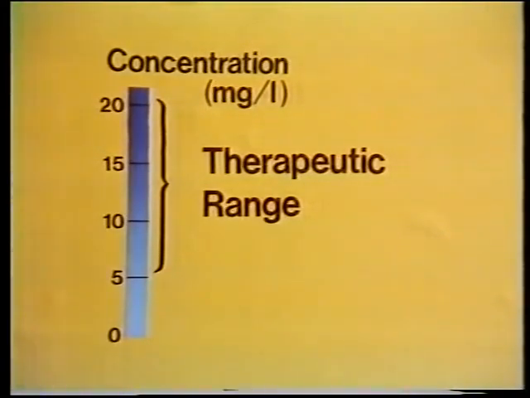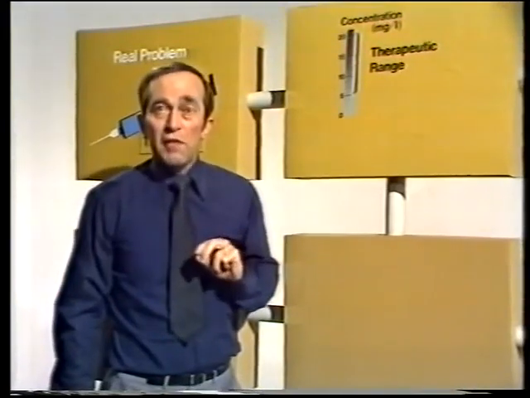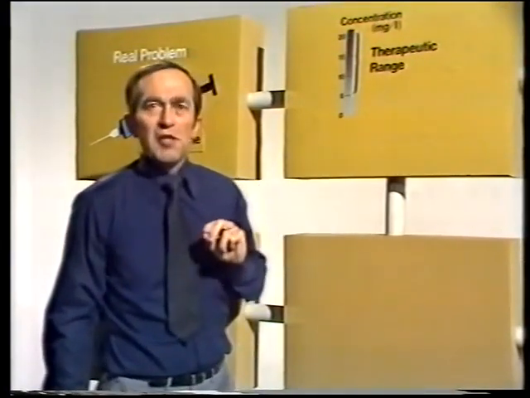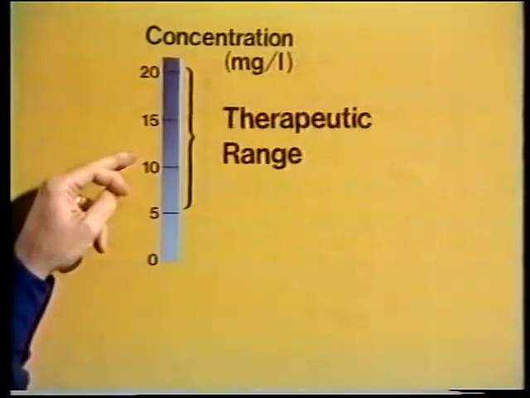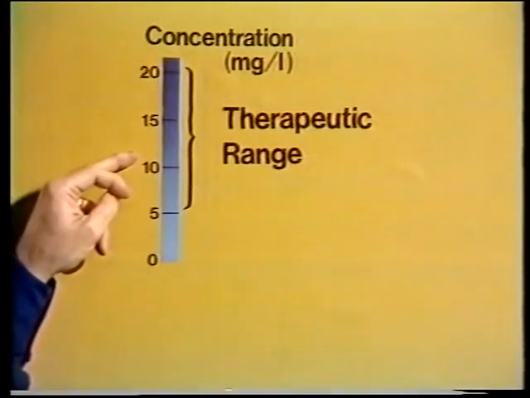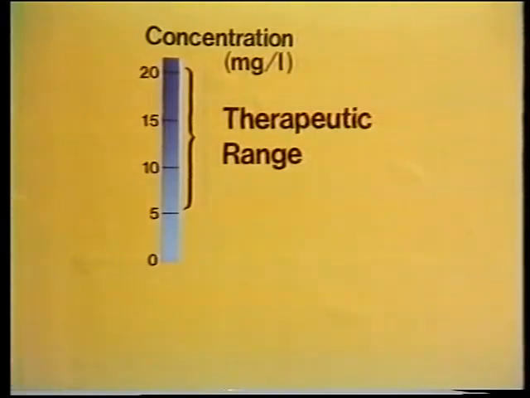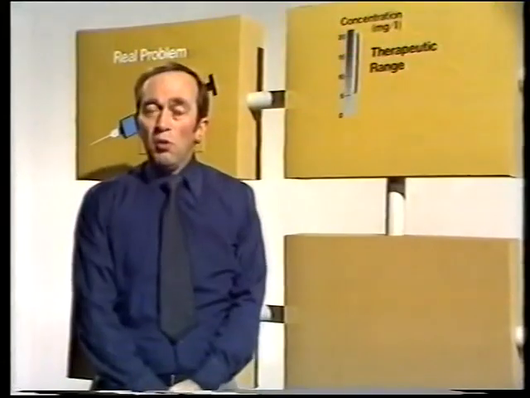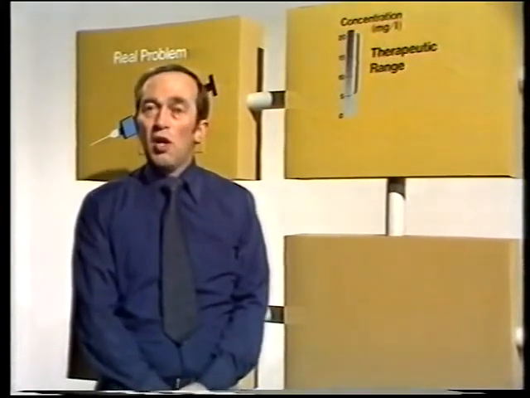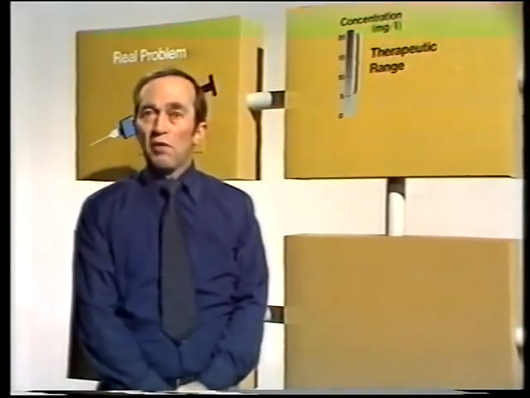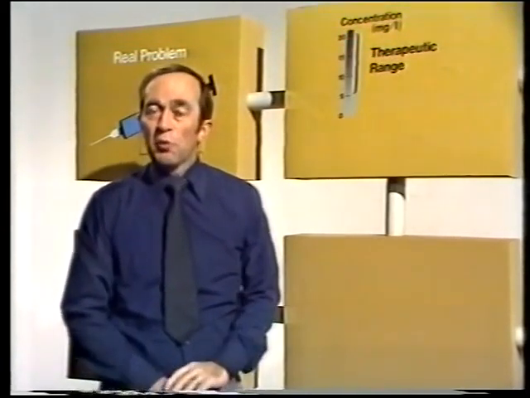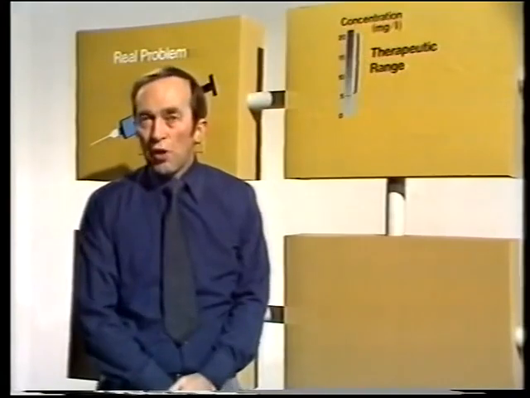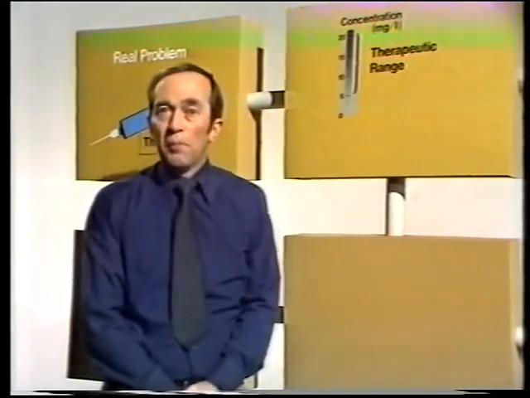I'm going to assume that the doctor is in fact going to aim for the centre of this therapeutic range, for a concentration of 12 milligrams per litre. Now, of course, if you want to produce that concentration, then all you have to do is to make up a suitable dose according to the amount of blood plasma that the patient's got. Because there's a simple relationship between concentration and quantity and volume.